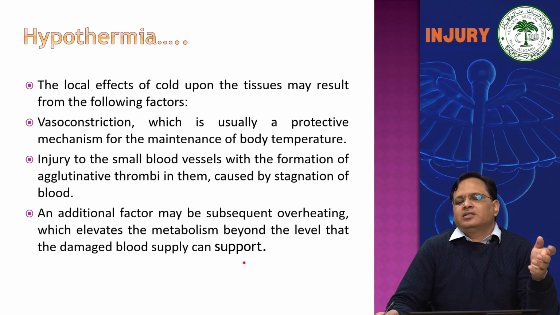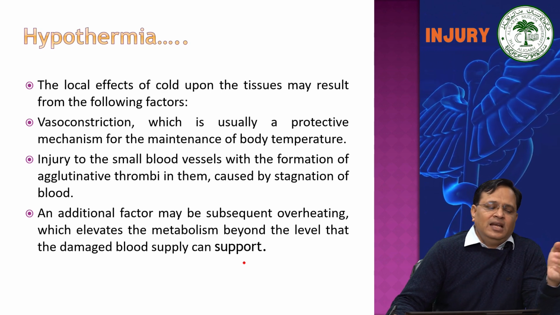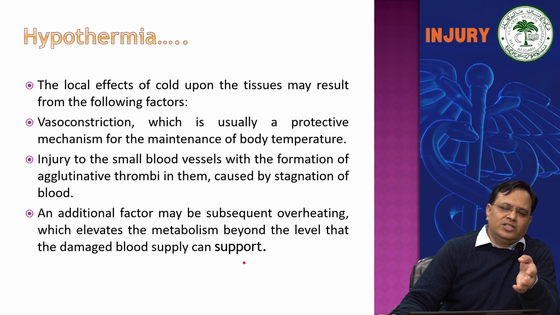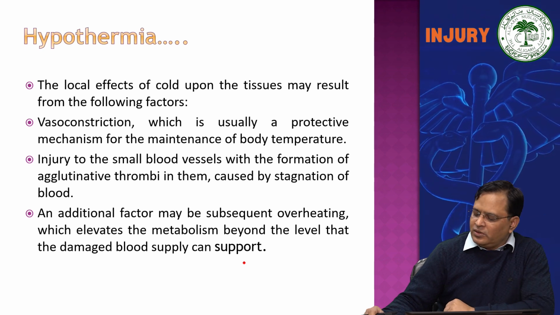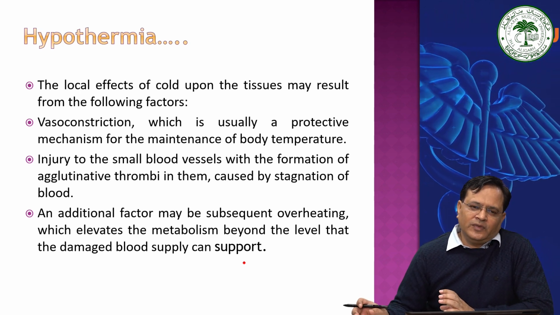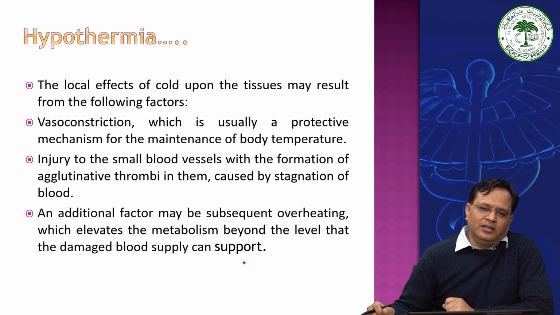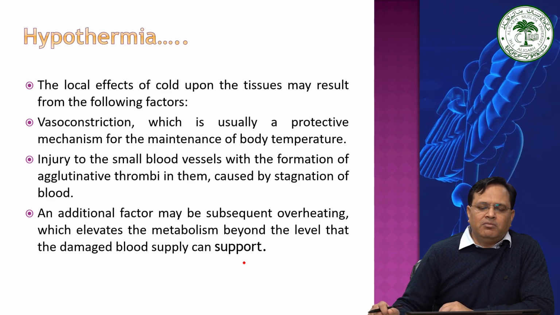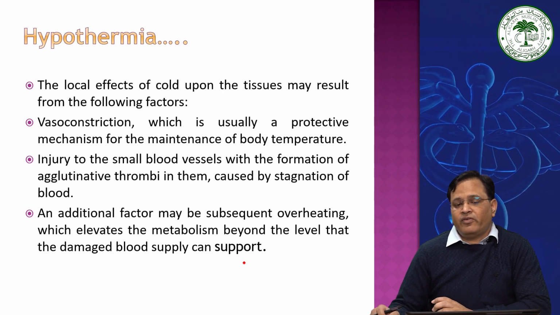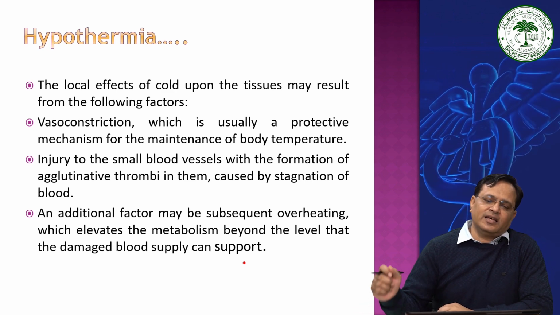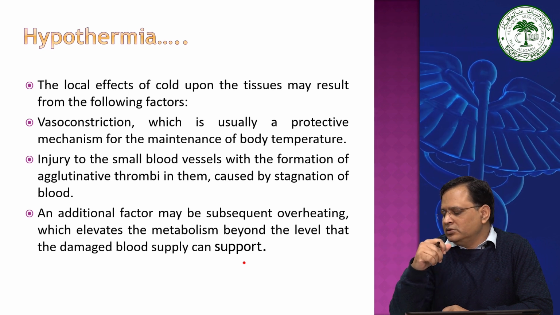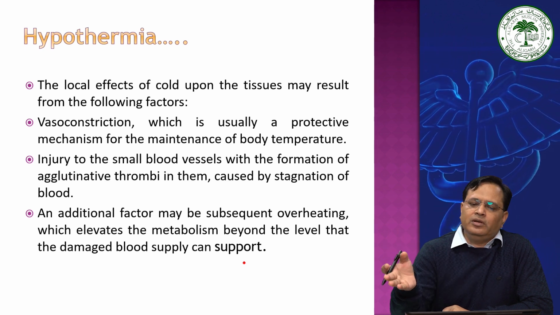Suppose we are exposed to a cold condition and then suddenly go to an extremely hot condition. In that case, there are chances of damage to the blood supply. Generally there is vasoconstriction, which decreases the skin blood supply and tries to conserve the central body temperature, but these constrictions can lead to injuries because of thrombi forming at the skin surface in the blood vessels, and can also lead to damage due to sudden overheating after cold.